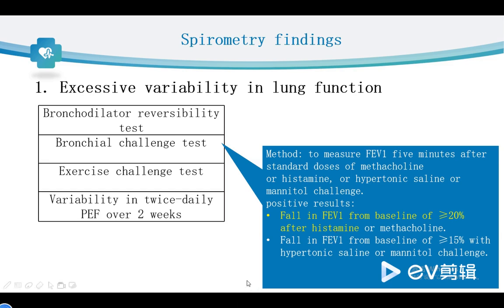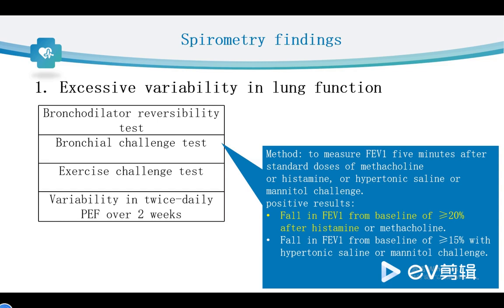Here, please notice that if the patient has a decreased baseline FEV1, we cannot do this challenge test, or else the patient will get a severe decrease of the FEV1 with severe hypoxia, and finally this patient will be in danger.